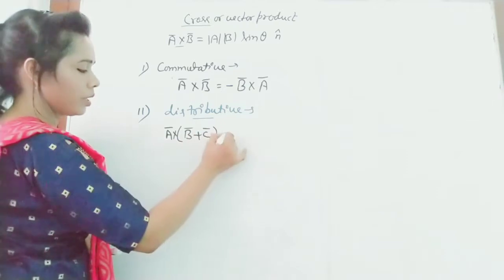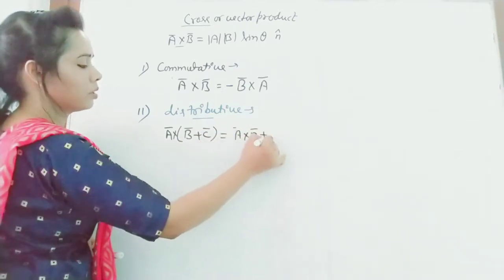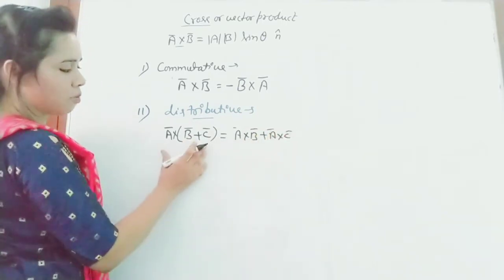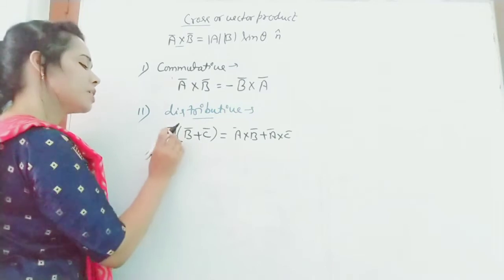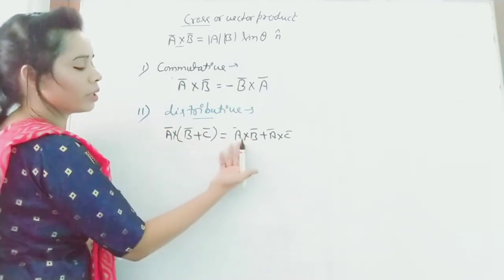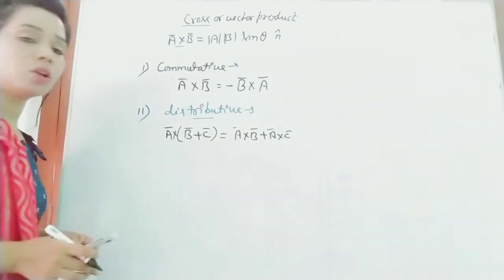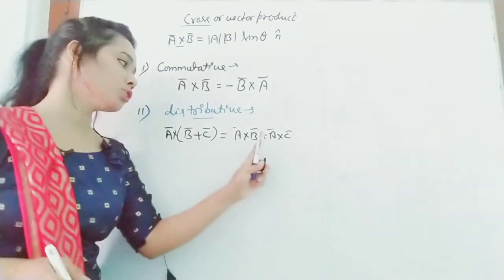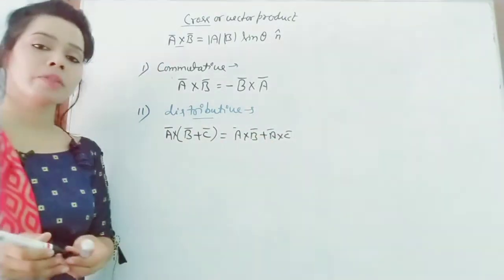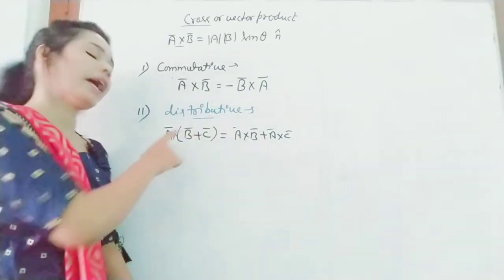So we can write it as A cross B plus A cross C. With any example, you can try it and you will find the same result. Means if you have written A cross B plus C, then it can be distributed as A cross B plus A cross C. So it follows the distributive law. You will get the same value this way also. So the cross product is distributive over addition.